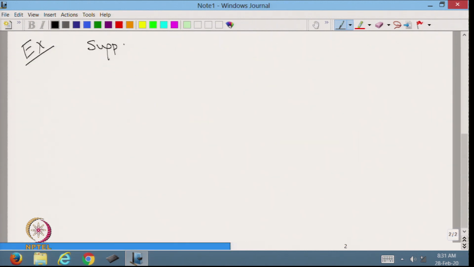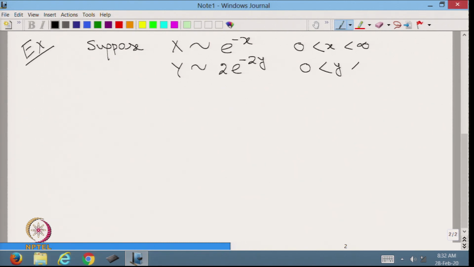Suppose x is a random variable which is distributed as e to the power minus x, 0 less than x less than infinity, and y is another random variable which is distributed with this PDF, again 0 less than y less than infinity. So, you understand that these are exponential with parameter 1 and exponential with parameter 2 respectively.